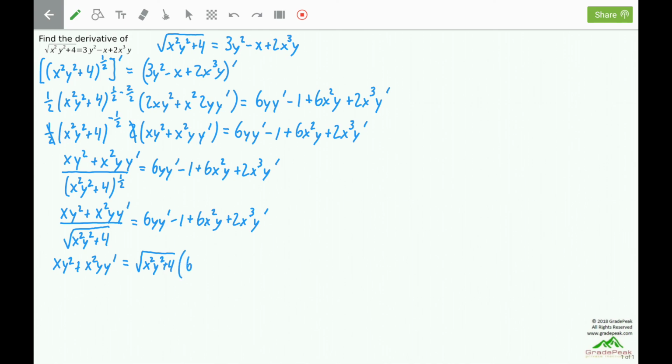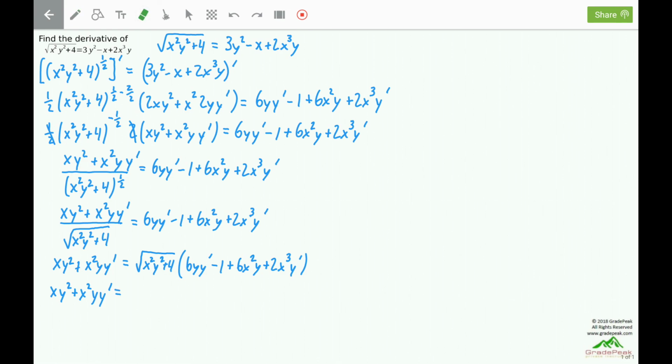And so I'll write it before being distributed in. And now we can distribute it in. So we have x y squared plus x squared y prime equals 2.